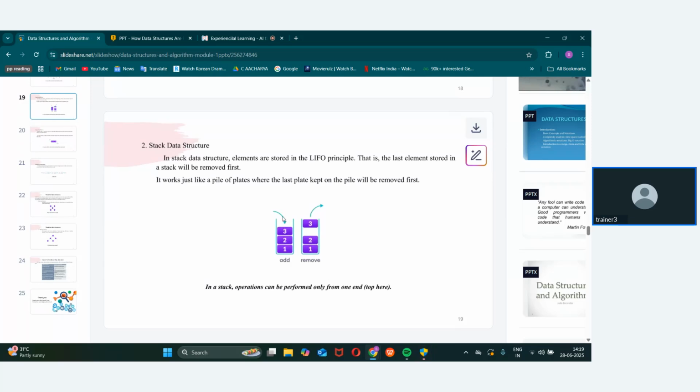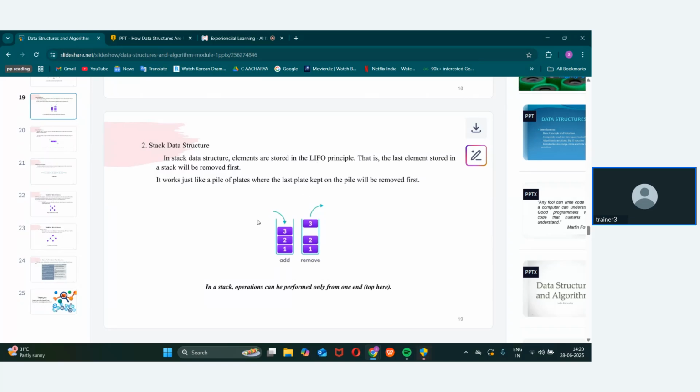As you can see, this is a stack, and the number that went in last. First we have added 1 to the stack, then 2, and lastly we have added 3 to the stack. So what does that mean?